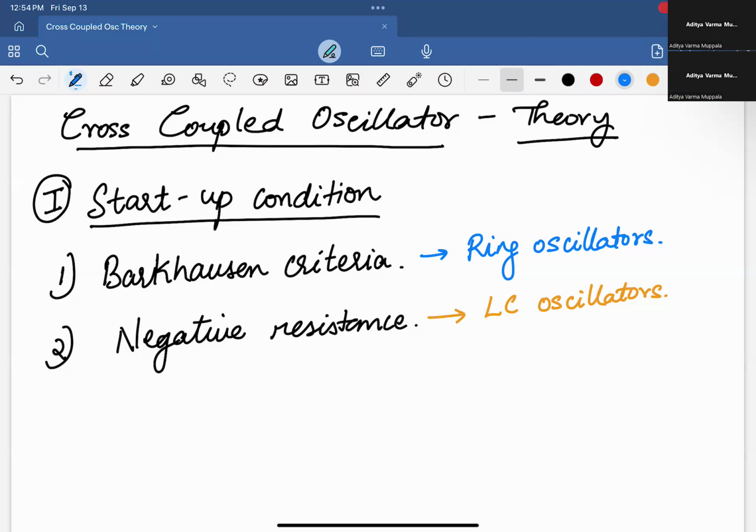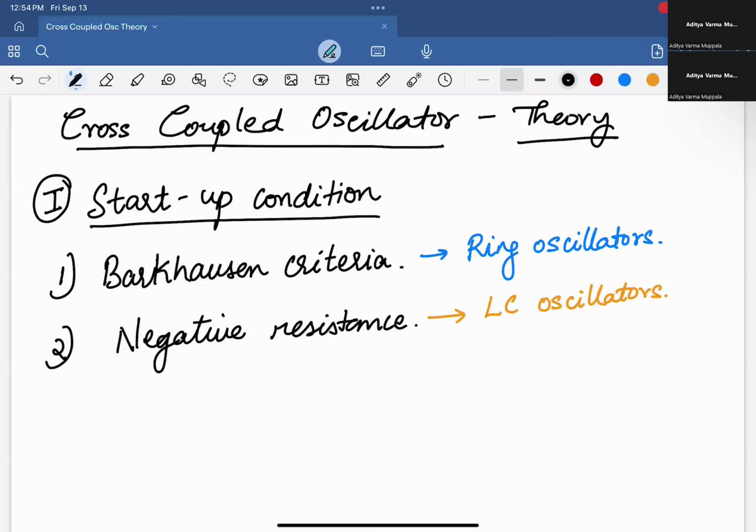And if the total closed loop gain is 1, then you can have an oscillation in that circuit, right? It also talks about instability, things like that. And negative resistance says that if you have some resistance in your LC resonator, and you can cancel that with a negative resistance circuit, then that LC resonator should behave like an oscillator.